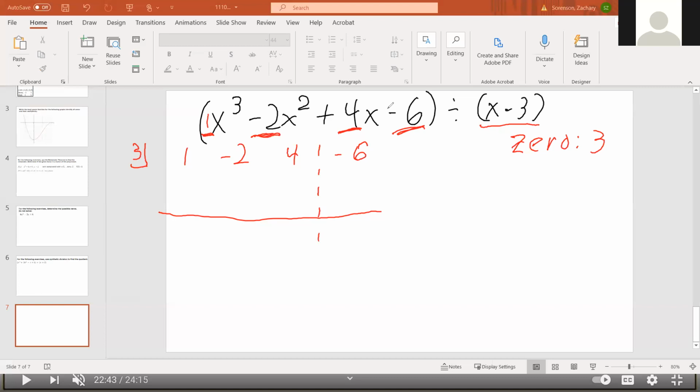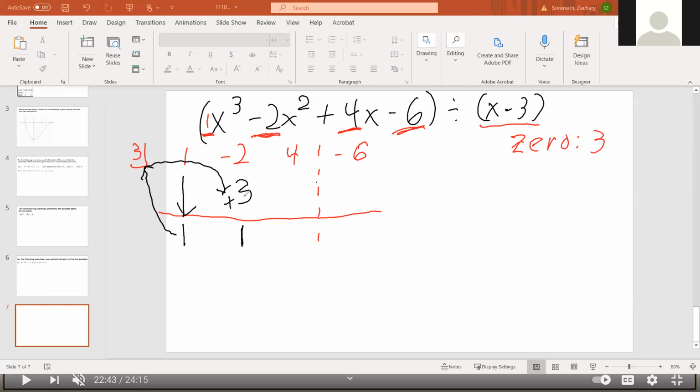Okay, what do I do now? This is where you drop it down and then you multiply and then add, right? Yep, very first step, always drop down the first term, do nothing with that. Next step, multiply the 1 by the 3, which is 3, put that 3 right here. Plus -2 is 1, just adding the 2, which kind of makes sense.